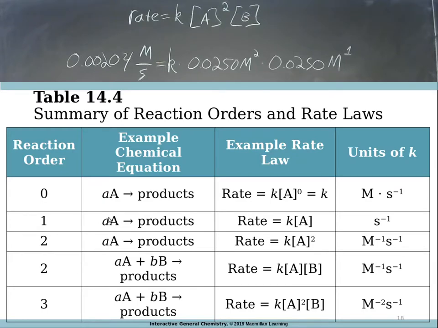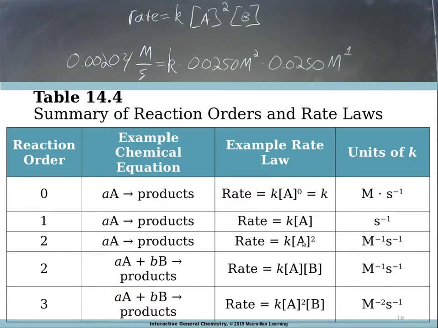If your overall reaction order is 1, then your rate law is going to be something like rate is equal to k times A, or maybe it's k times B, but there's only one of them at any rate. And the units for your rate constant will be inverse seconds. And then if you have a second order reaction overall, note that you can have that 2 different ways.